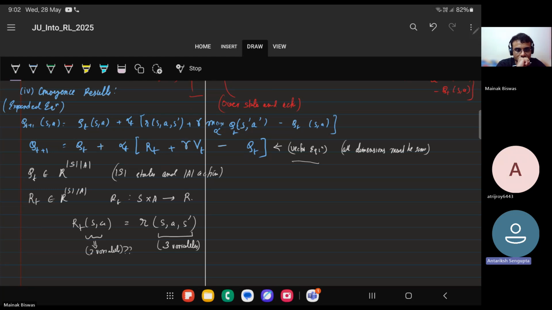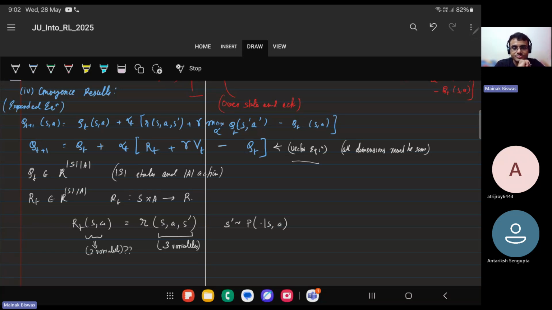Because it is a control Markov chain, we can sample a reward, but given S and A there should be a definite S dash. No, it's a probability function again, it's not definite. The S dash is sampled from the probability distribution.